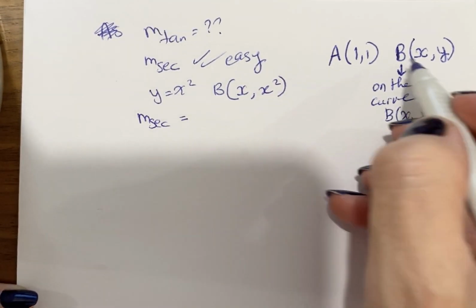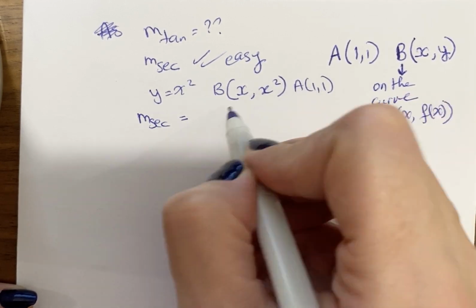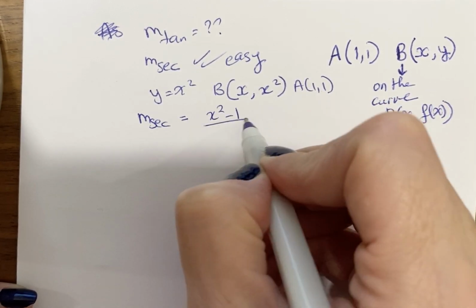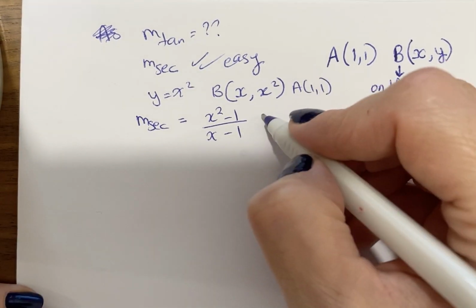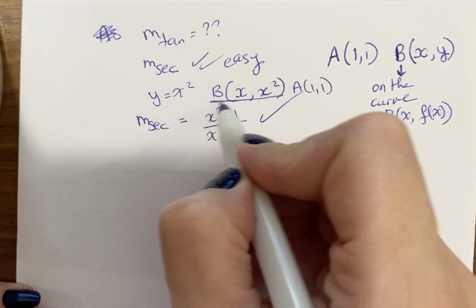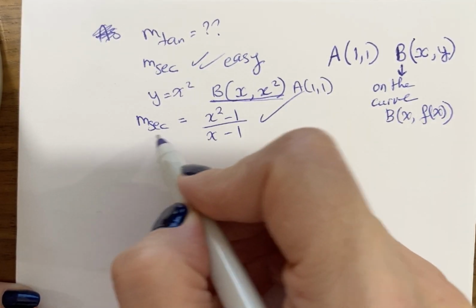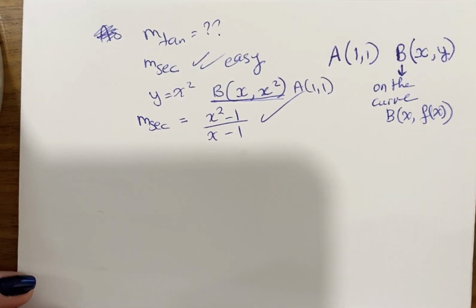How do you find the slope of the secant? If this is A and this is B, then it's y2 minus y1 over x2 minus x1. You're done. So the slope of the secant is easy to calculate. Now choose whatever B you want on the curve. Then the slope of the secant joining A to B is done. It's not a big problem.